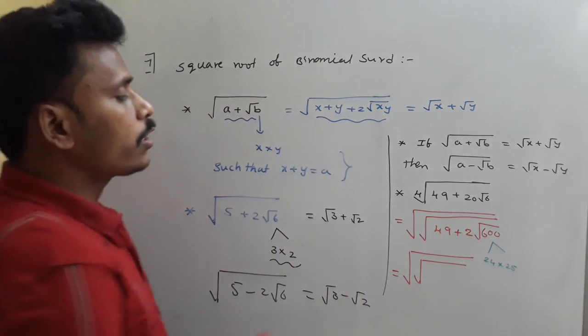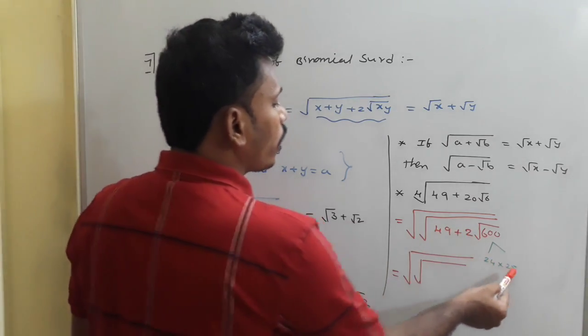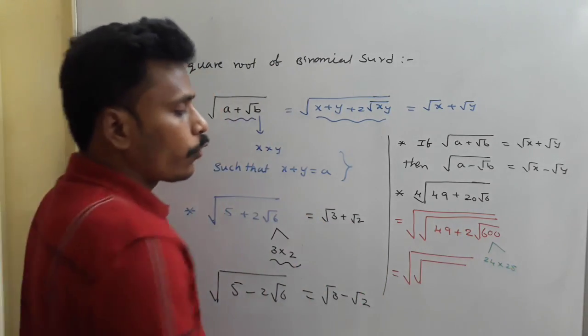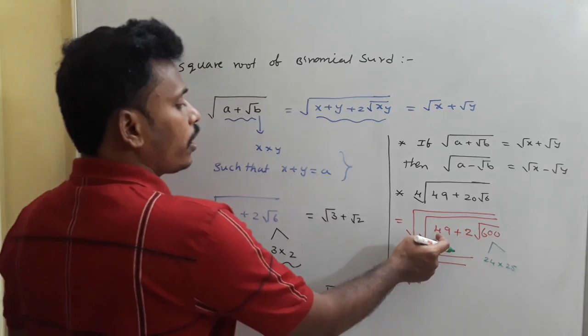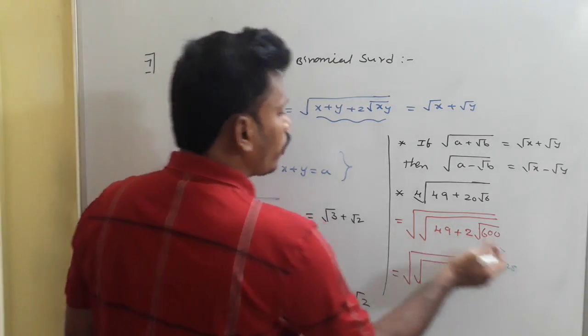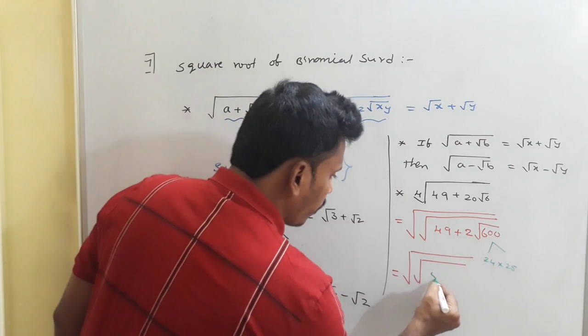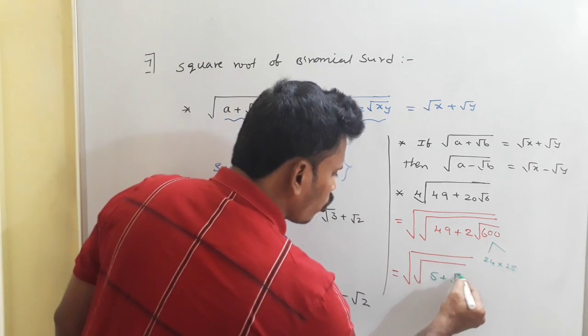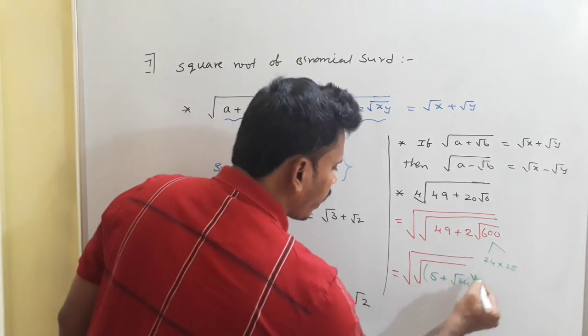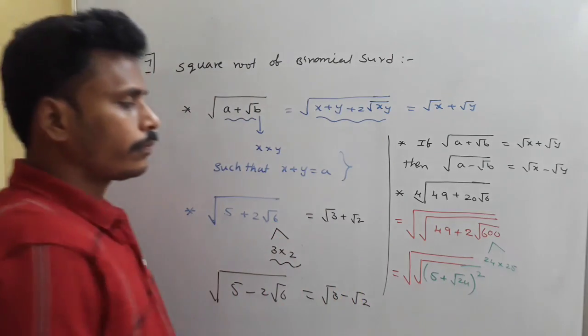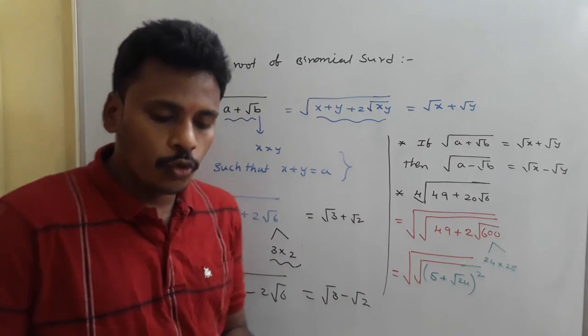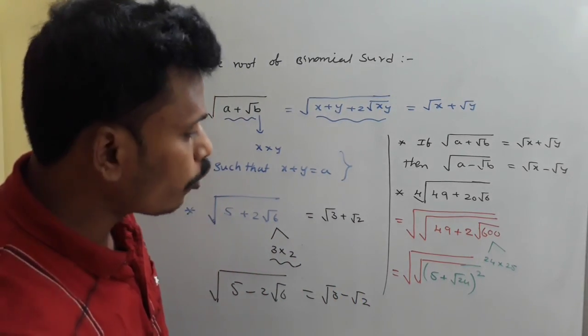Now this is 49 plus 2 root 24 into 25. 24 plus 25 is 49. This is the format. So root 25 means 5, plus root 24, whole square. 49 plus 2 root 600 is 5 plus root 24 whole square.